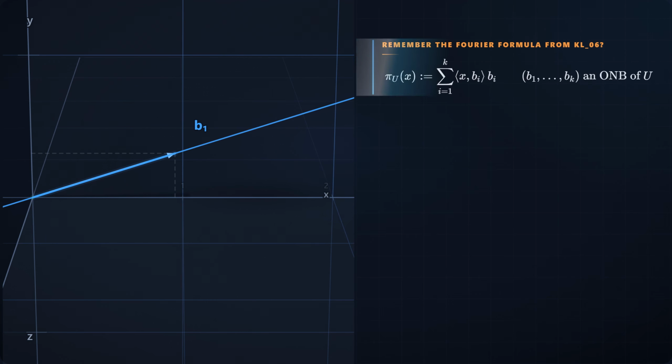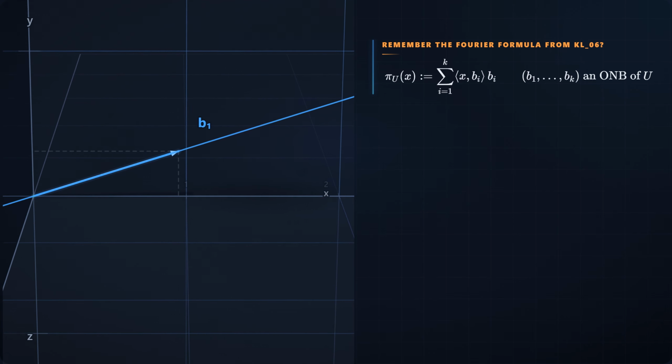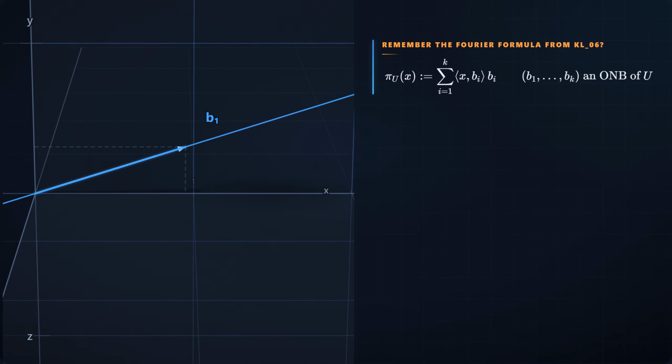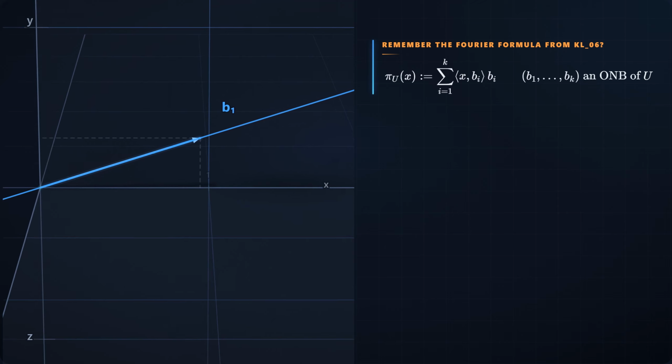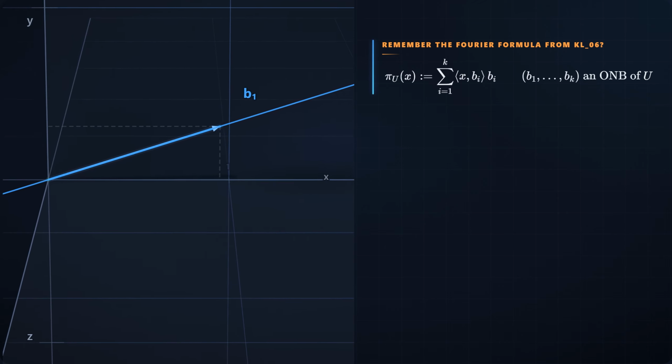Now the theorem is beautiful, but you want the closest point in your hands, computed. And here's the payoff, you already have the formula. Remember the Fourier formula from a few videos back? Take an orthonormal basis of U and sum x dotted with each basis vector, times that vector. Wait, back then that formula just rebuilt a vector from its coordinates.